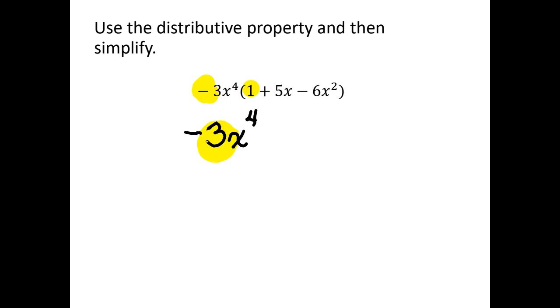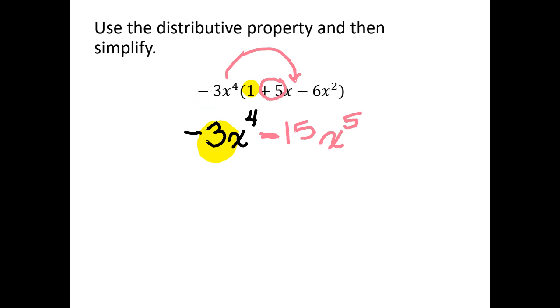This negative 3 is multiplying by a positive 5. This will give me a negative 15x to the 5th. Now be real careful here. Negative 3, okay.